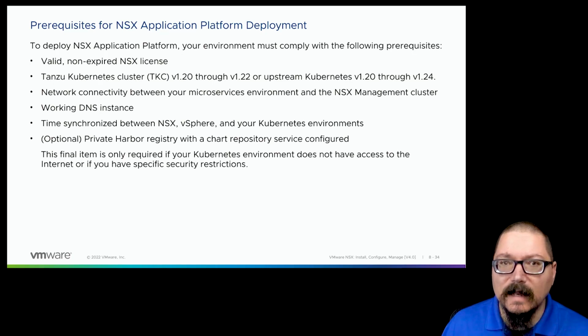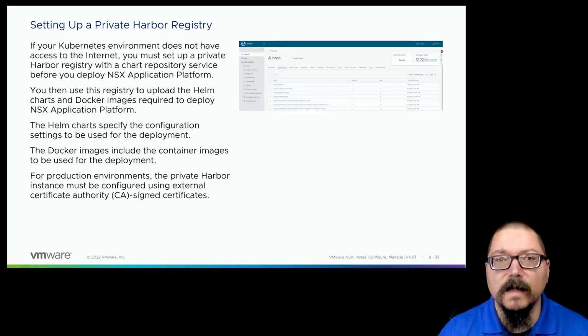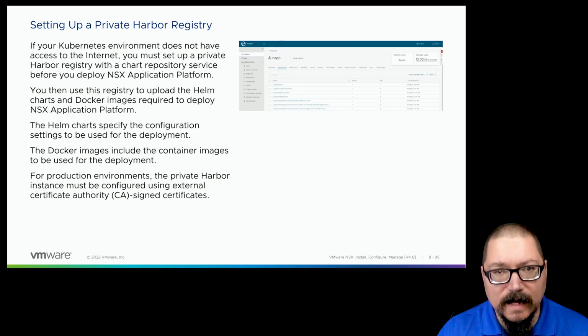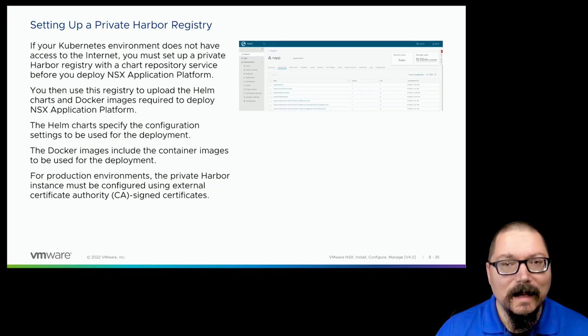But depending on what kind of access I have, I can use either the VMware registry for Application Platform services, or I can use a private registry if I can deploy a private Harbor registry and install that with Helm chart support. So setting up that private registry, if I need it, is going to be, comparatively speaking, the hard way.